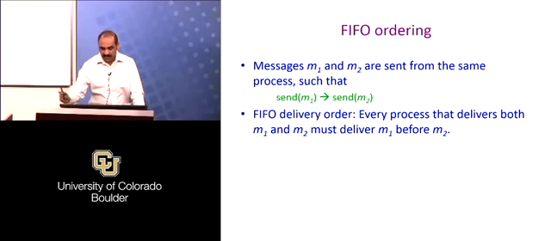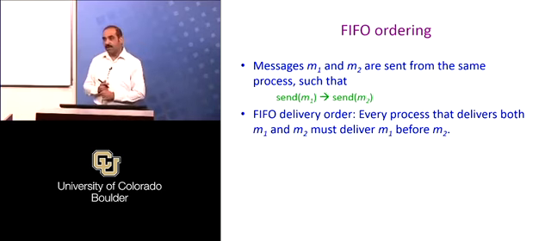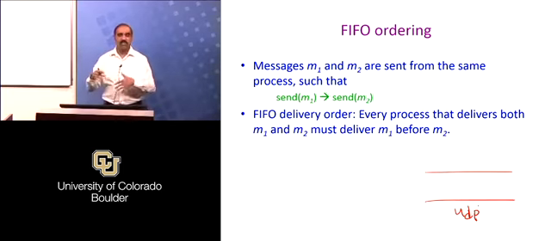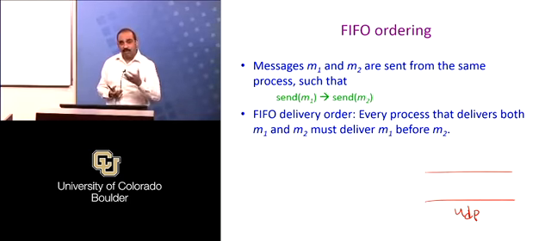So if we think in terms of our middleware layer, just to make this clear, let's say we are using UDP for message exchange, because if we are using TCP, FIFO order is already guaranteed. Suppose we are using UDP.